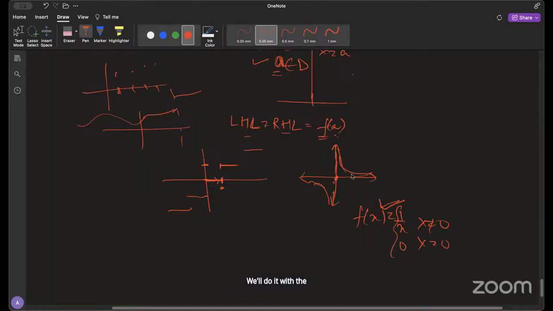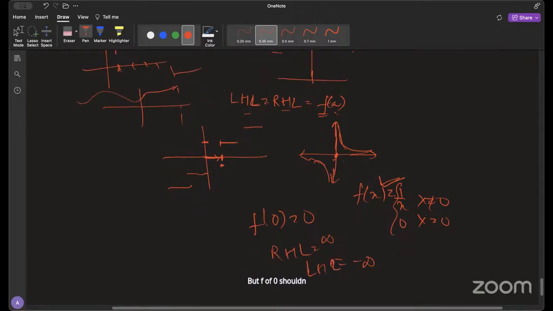So at this point, the function's value at 0 is 0, we already know. But this limit is infinity. From the right hand side, you have this limit. From the left hand side, this is minus infinity. But f of 0 shouldn't be defined, right?